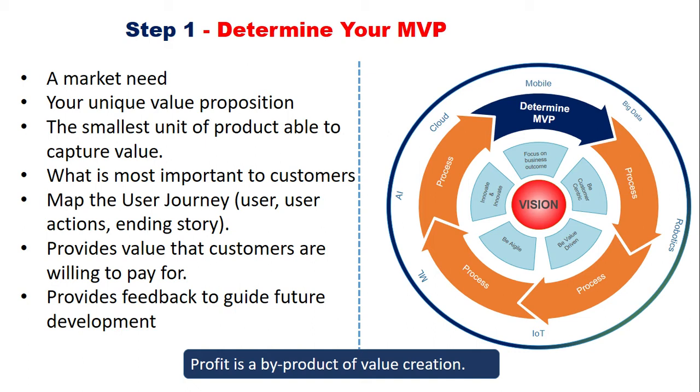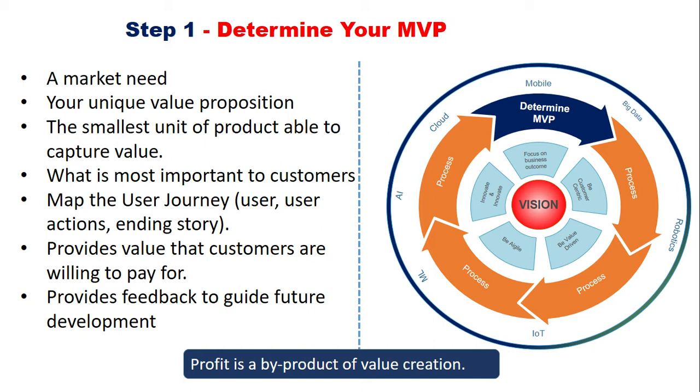Now come up with your map of the user journey, essentially saying who is the user of this product, what action does the user need to take, and what is the end story or the outcome.